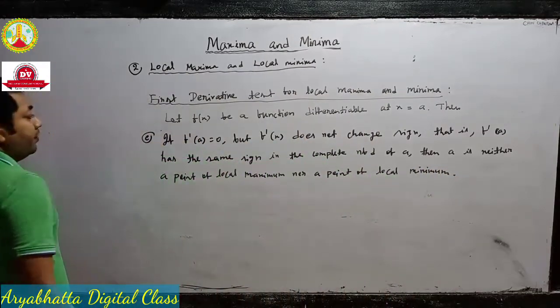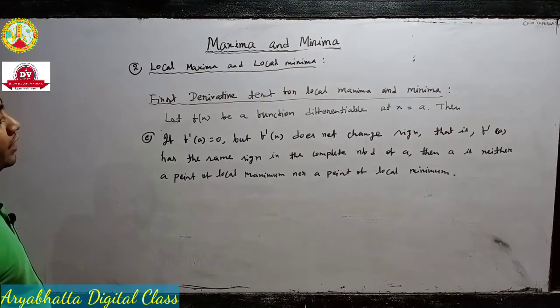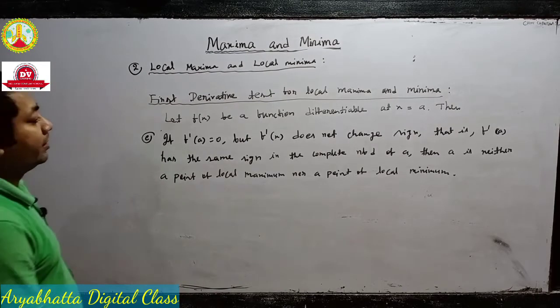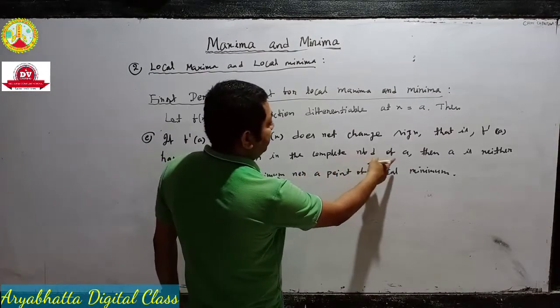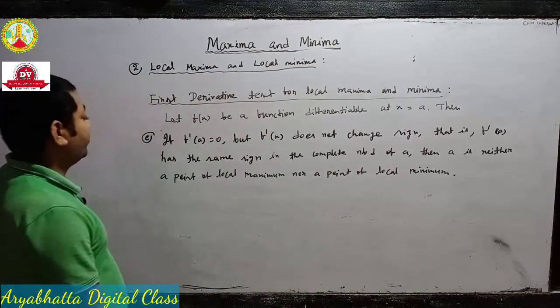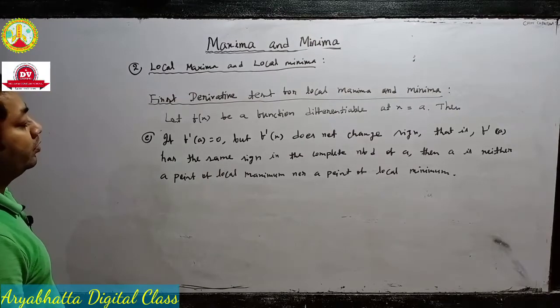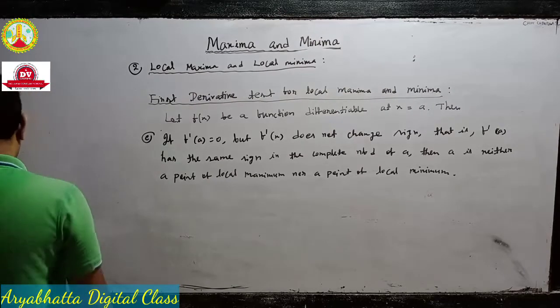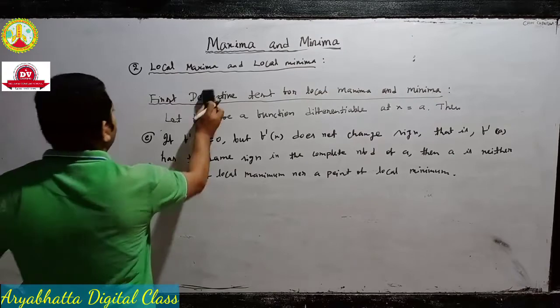Remember, if f dash a is equal to 0 but f dash x does not change sign, that is f dash has the same sign in the complete neighborhood of a, then a is neither a point of local maximum nor a point of local minimum.